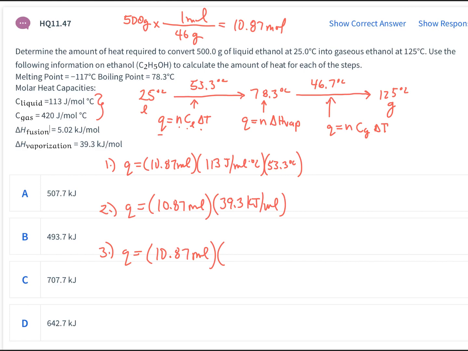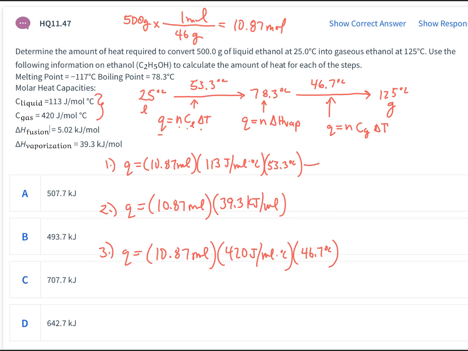Now I want to know the heat capacity for ethanol in the vapor phase, and that is 420 joules per mole times degrees Celsius. And the last temperature change, now that I've gone through the phase transition, I take it from 78 degrees to 125 degrees. My last temperature change is 46.7 degrees.